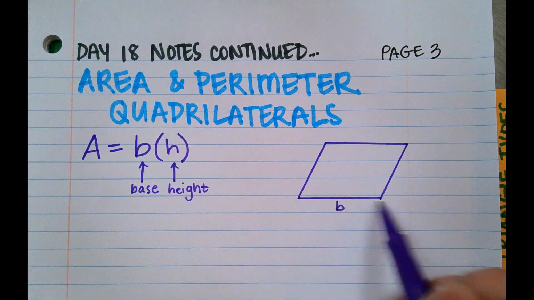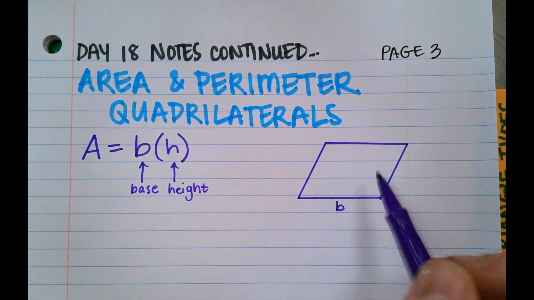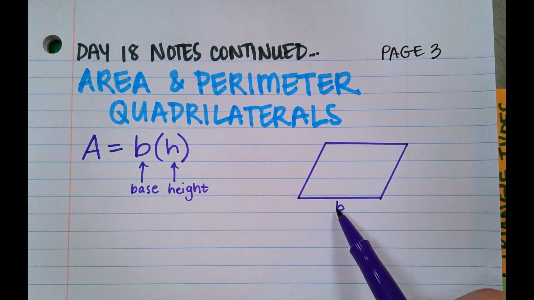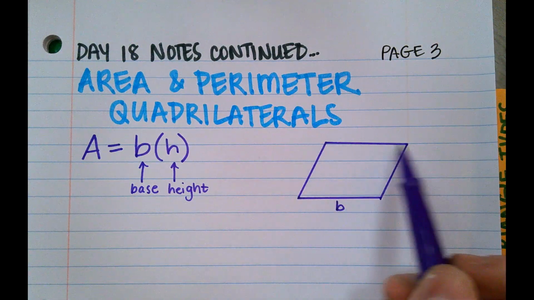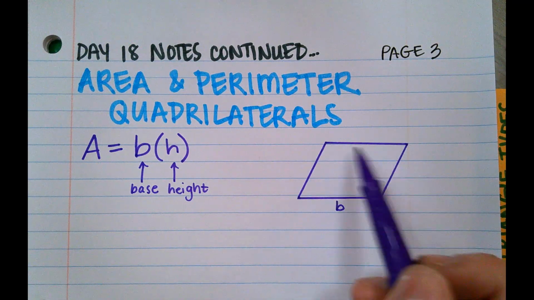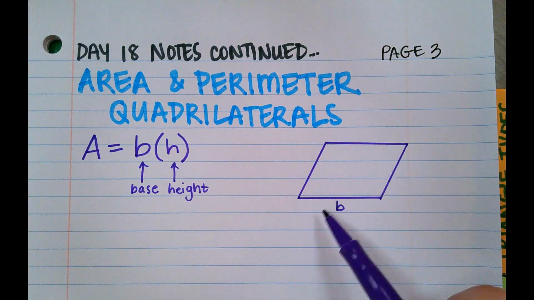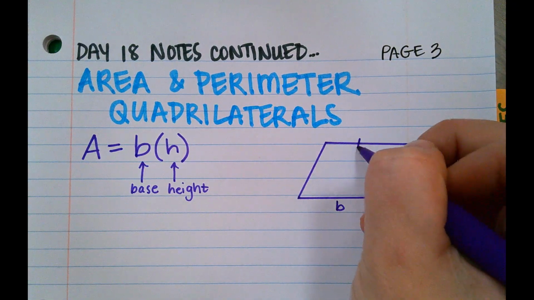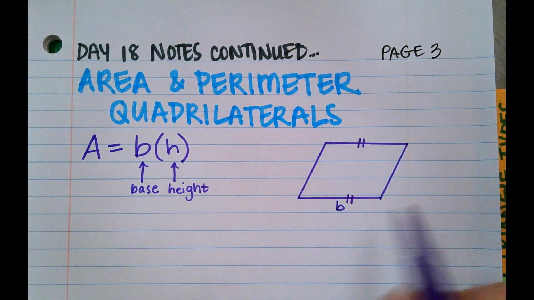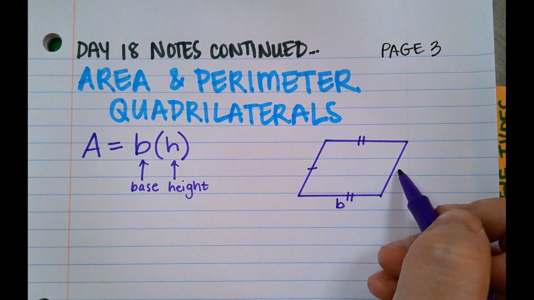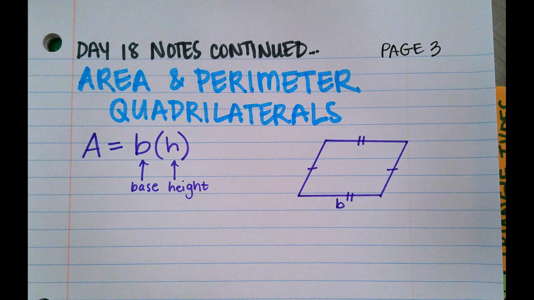If the base is here on the bottom, and I know opposite sides are equal, what would the length of this side right here be in relationship to the base? They'll be equal. These will be the same. If it helps, let's draw little tick marks. I know those should be the same. One tick mark on the other opposite sides.